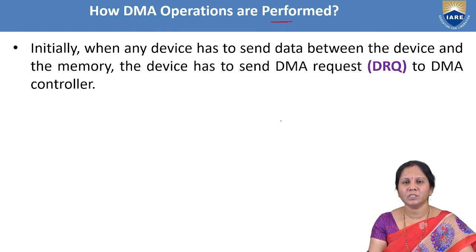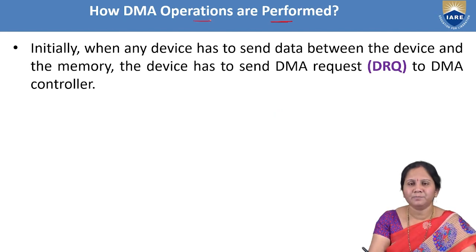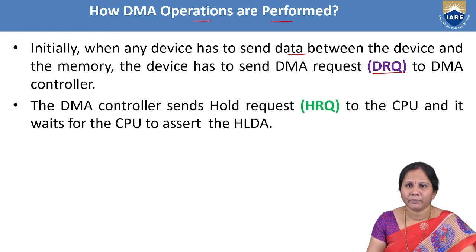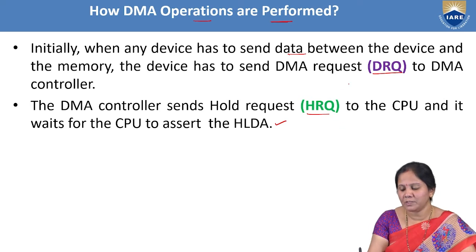So how are the 4 signals used in order to transfer the data between main memory and I/O devices? Initially, when the device has to send data between the device and memory, the device has to send the DMA request to the DMA controller. So the DMA controller sends a hold request to the CPU and waits for the CPU to assert the hold acknowledgement. That is what we have observed.